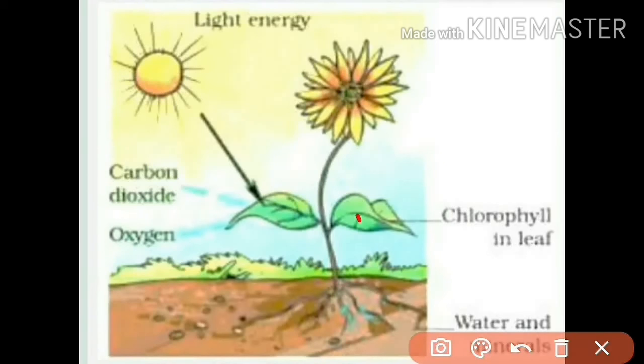Here there are small pores below the surface of the leaf. There are small pores which are stomata. They inhale the CO2 gas and give out the O2 gas.